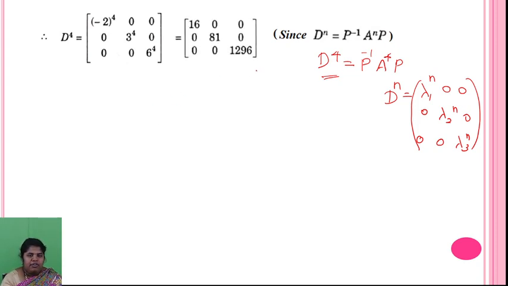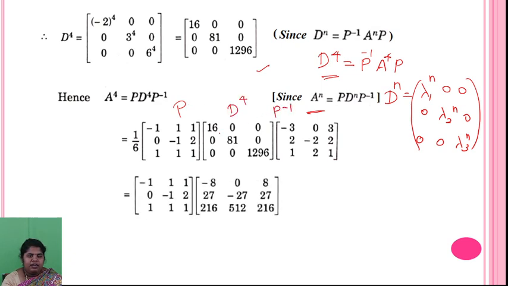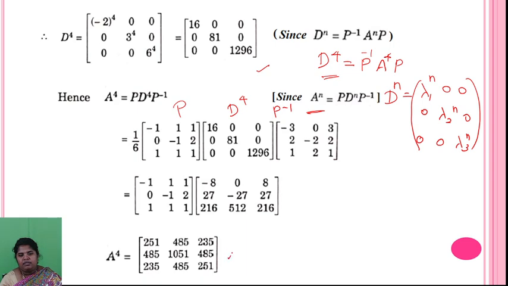So this is the D power 4 matrix. Now substitute in this equation: A power 4 is P D power 4 P inverse. This is the P matrix, that is the D power 4 matrix, and this is the P inverse matrix. After solving this, we obtain the power of 4 as this matrix.